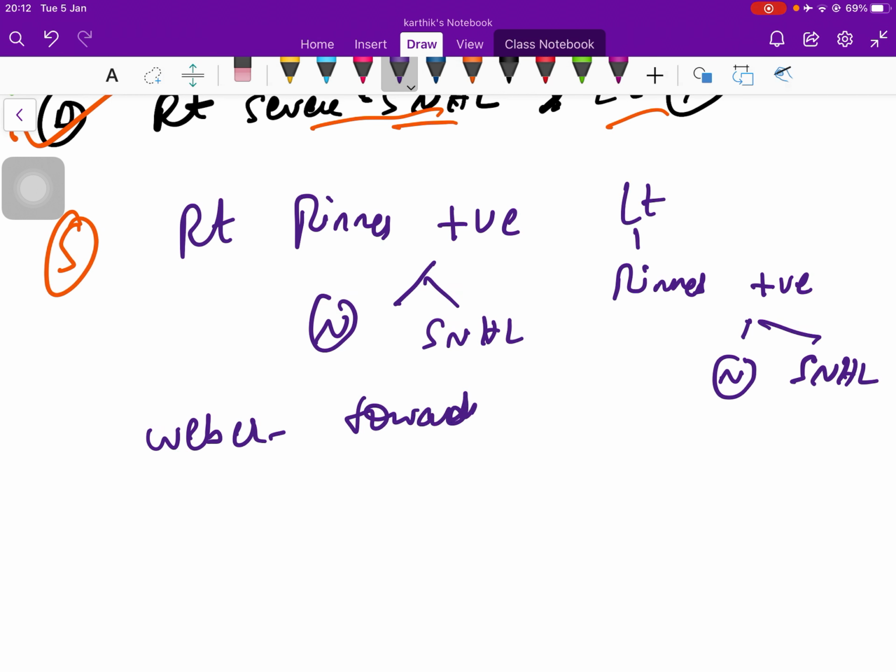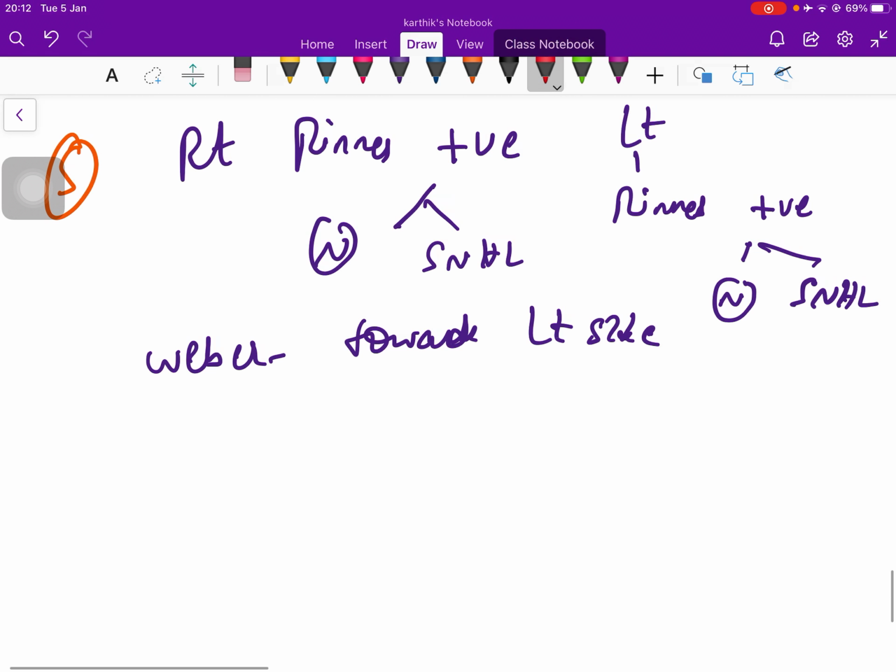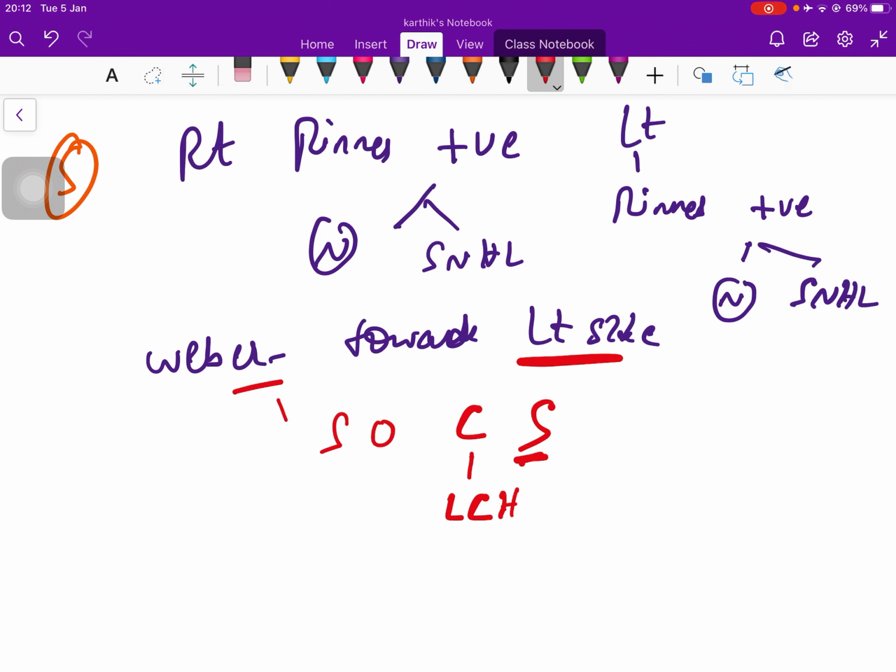And Weber given was towards left side. Now Weber, you know the mnemonic SOCS, towards left side, same side, conductive. So left conductive hearing loss, sensory is opposite. So this one is right sensory neural hearing loss.